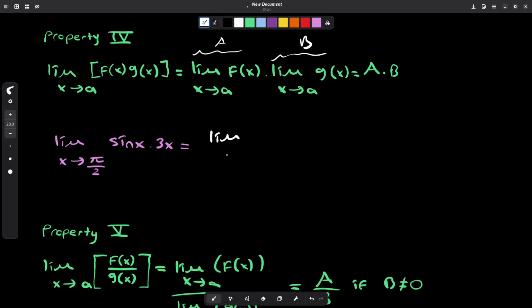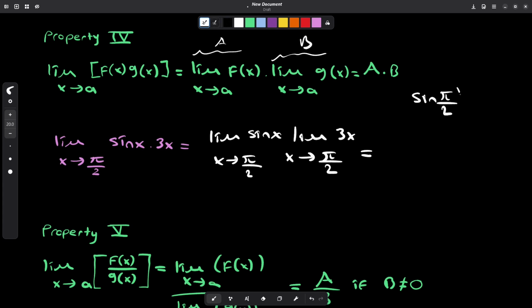Let's write this as the limit of sine x as x approaches pi over 2 multiplied with the limit of 3x as x approaches pi over 2. What is sine pi over 2? It is equal to 1. 1 multiplied with 3 pi over 2. This limit is equal to 3 pi over 2.